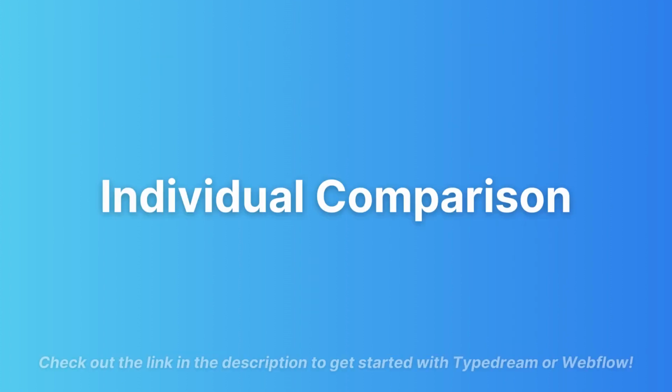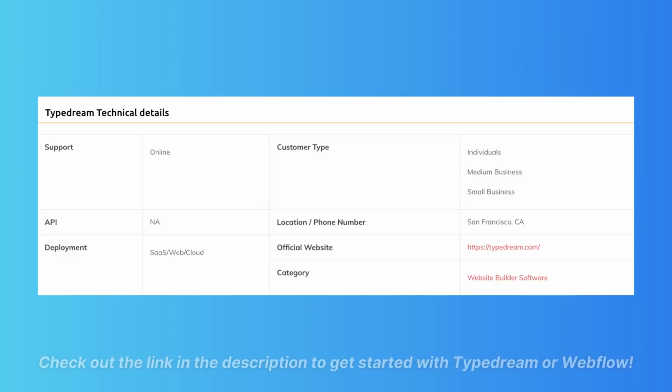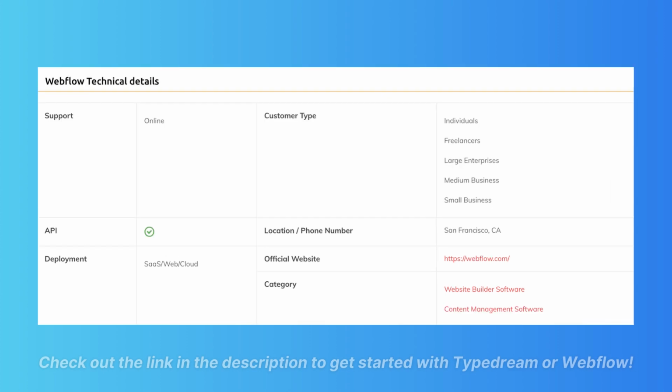Now let's go for an individual comparison. Here you see Typedream: the support is online, and the customer type shows which kind of customers can go to Typedream. The IPO is not available, and the location is, like I said, San Francisco. Deployment: you see the official website, typedream.com. Category is website builder software.